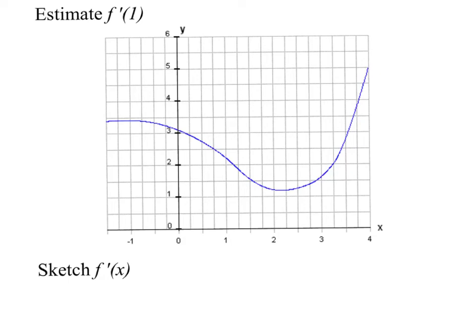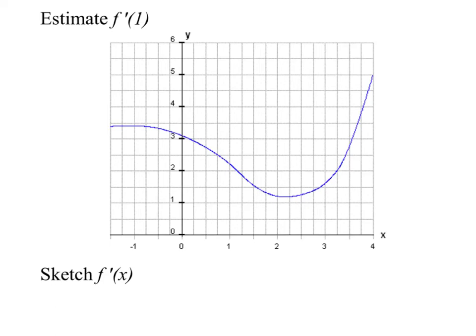Next, the question of how you graph the derivative. The way I always graph the derivative is to start by looking for where the derivative is 0. So I look for the spots where there's a horizontal tangent. It looks like we have a horizontal tangent right in here, and I mark that as a 0 in my derivative.